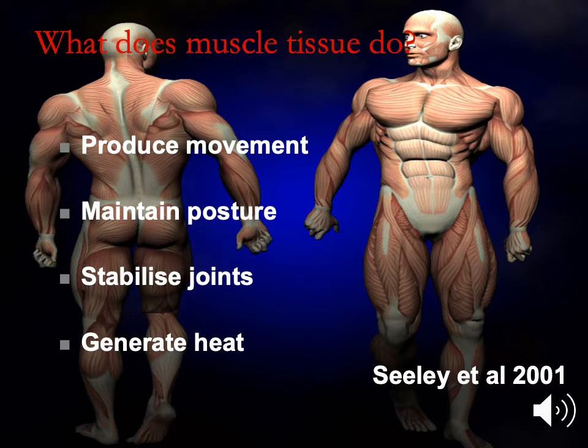Now, as much as I said that can be very, very useful, particularly in a cold environment, where the first thing that tends to happen is we get involuntary contractions of muscles to create shivering, because that's going to produce heat for us. If we're exercising in a hot environment, that can become problematic.